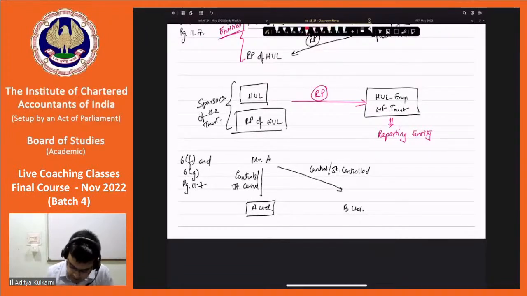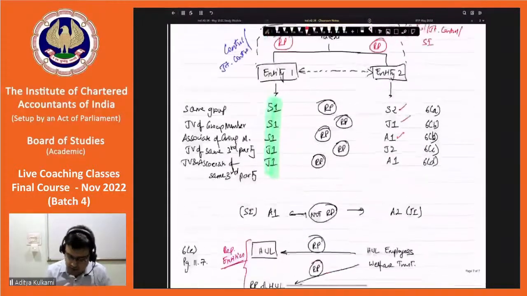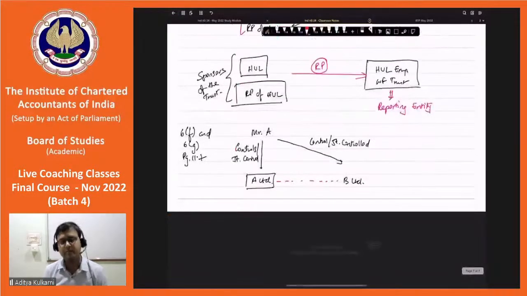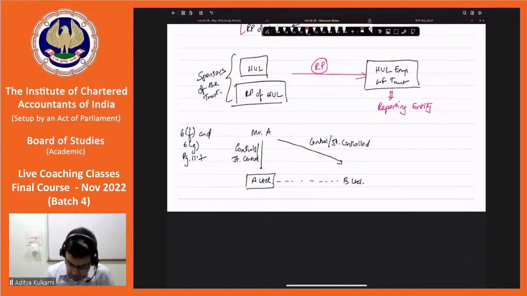So the question is, are these two parties related? So the story is exactly the same as this. There is a parent, subsidiary, or subsidiary joint venture, or joint venture subsidiary. Exactly the same. So what will be your answer? Your answer will be yes, they will be related parties.